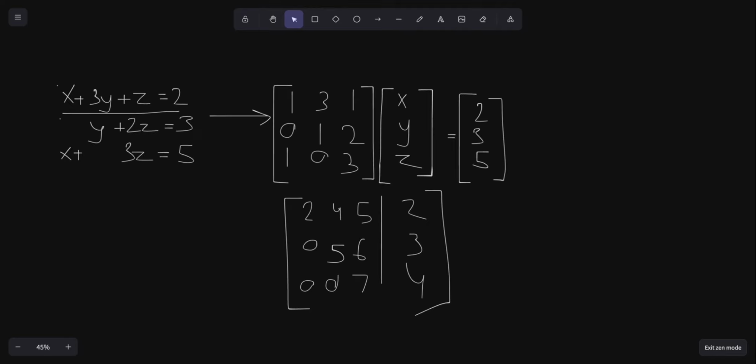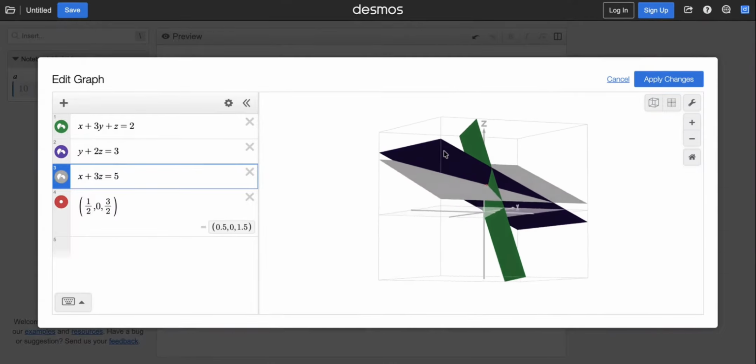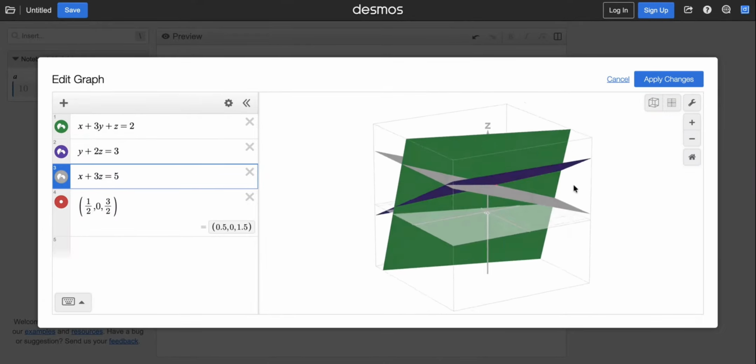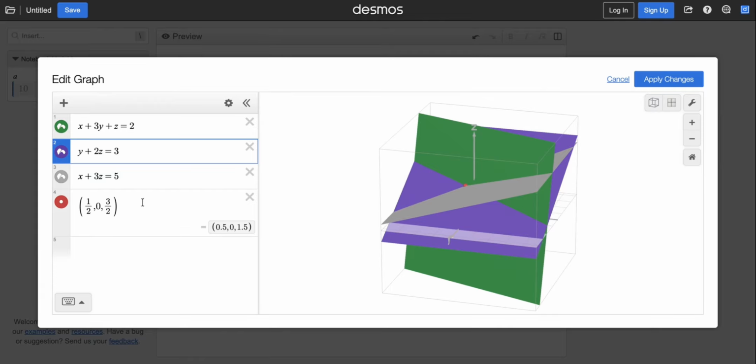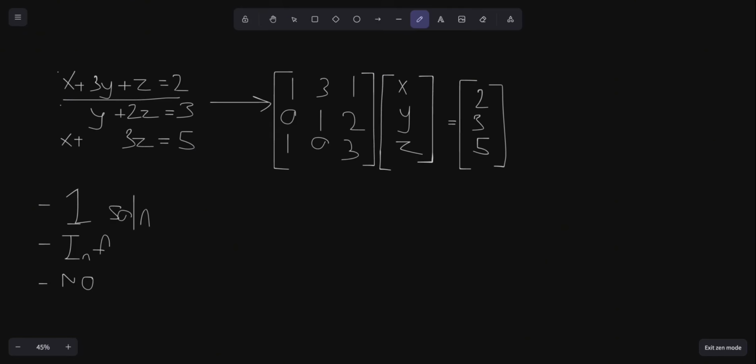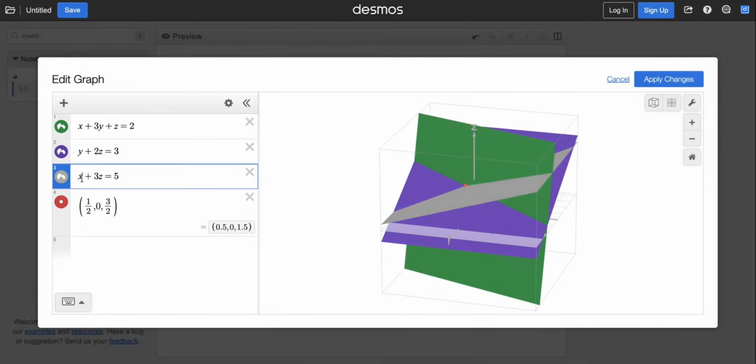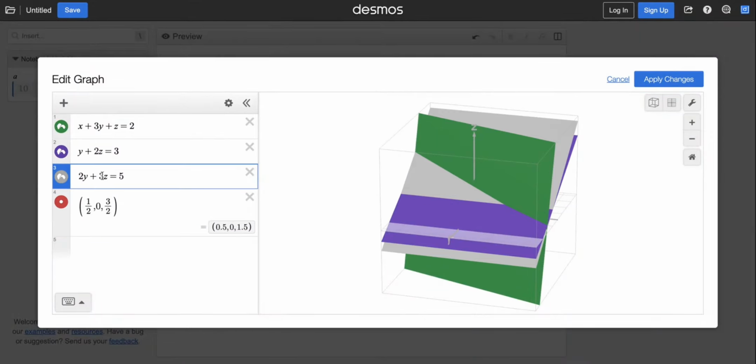Now, it turns out that this system has one solution, and that one solution is this point right over here. I spoiled it. As for the results of a system of linear equations with 3 variables, there can be one solution, infinitely many solutions, or no solution. Let's see if I can do this.